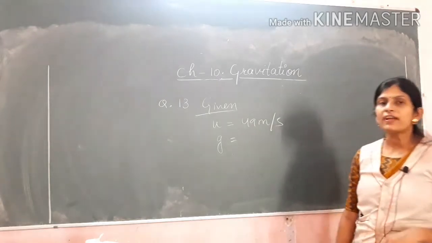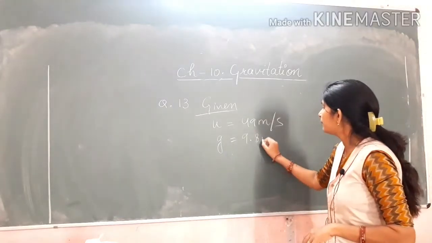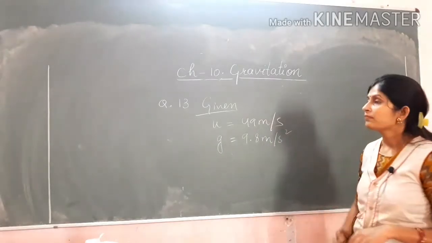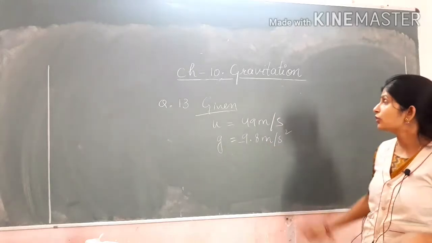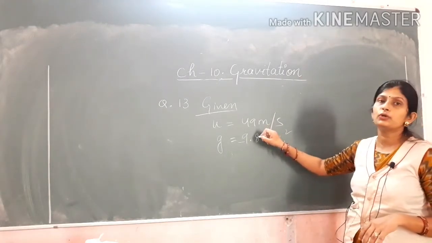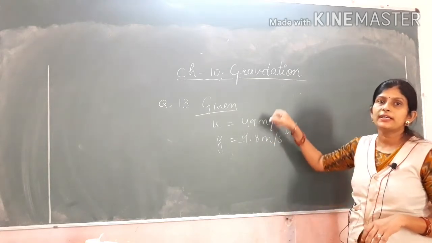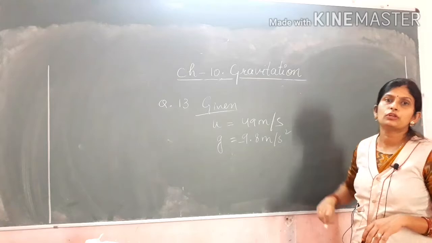What is the value of acceleration due to gravity, small g, on earth? That is 9.8 meter per second square, and it will be negative because object is moving upward and this acceleration due to gravity is produced in the object in downward direction, opposite to the direction of the motion of the object.